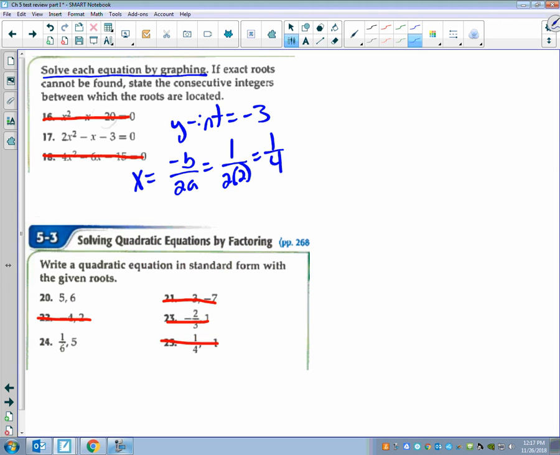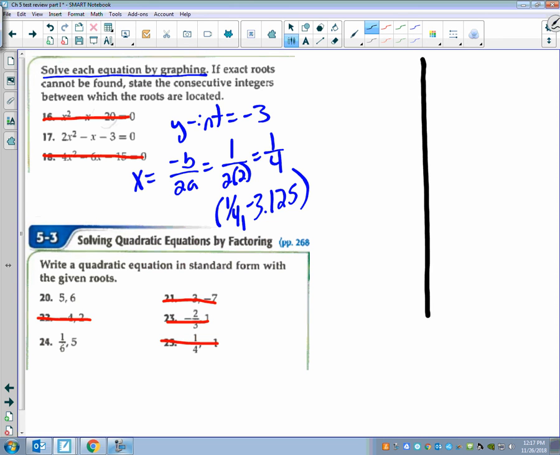So if I plug 1/4 back into that problem, this is not going to be very pretty. 2 times 1/4 squared minus 1/4 minus 3 is -3.125. So if I make a graph here, oh, that's really not what I wanted.